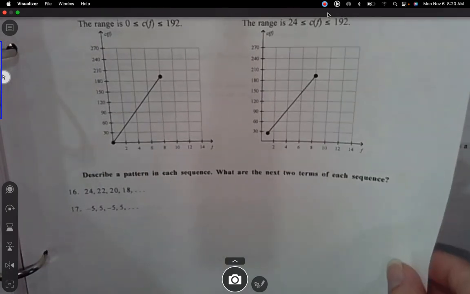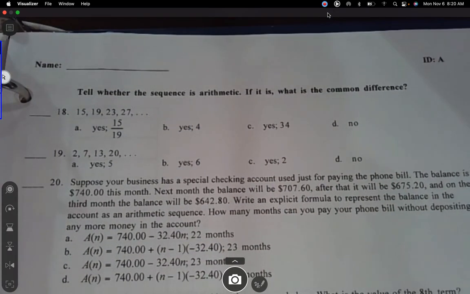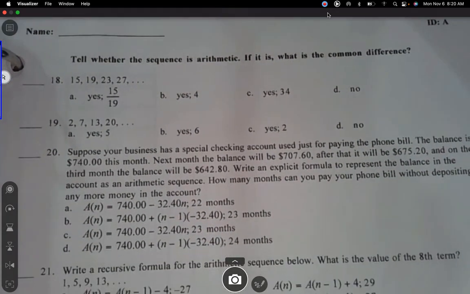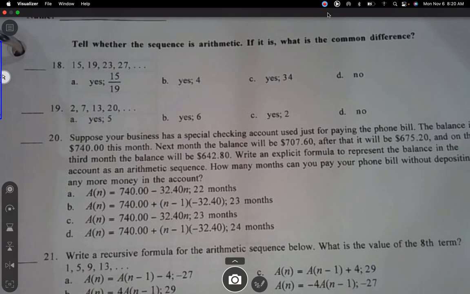Number 18. Now the next part, and I'm not 100% sure, I might take off one of these, either 18 or 19. It says, is it arithmetic? What does it mean to be arithmetic? Adding and subtracting, not multiplying and dividing.